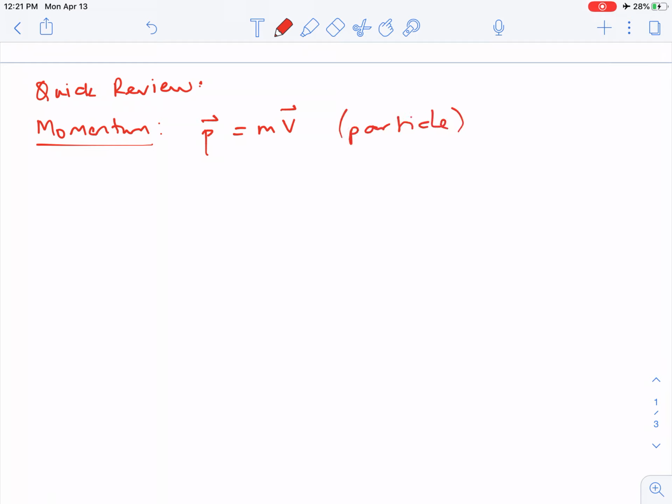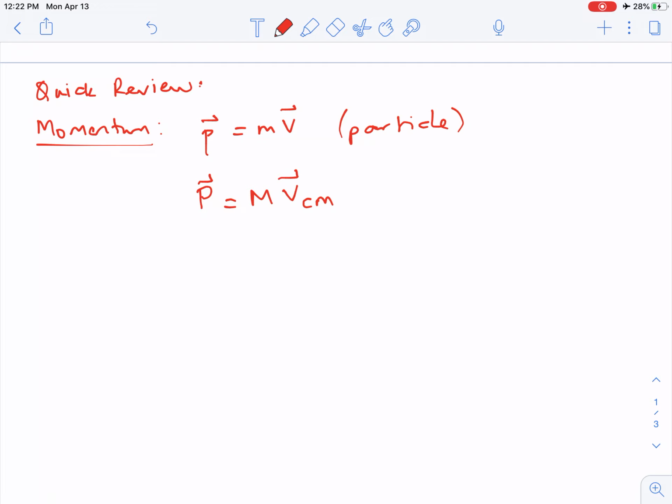And so now, as we are doing more complicated problems, we may have a system, distributed masses, so it's not a particle. In that case, we use capital case P, and the mass is big M to show that it's the system's mass. And the velocity here has to be only for the center of mass point.